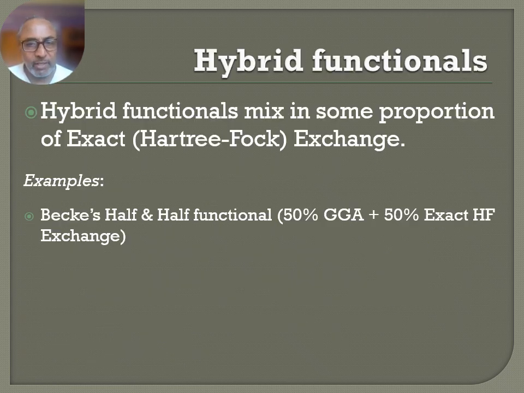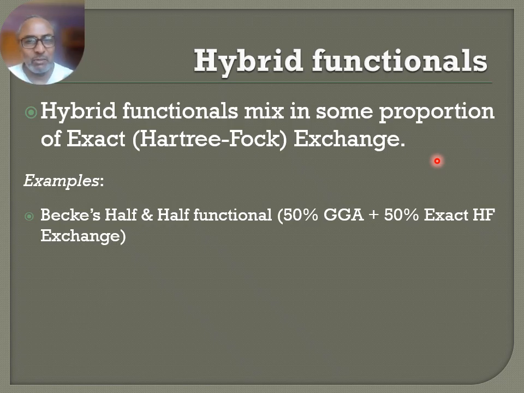Axel Becke's fix for this quandary was to mix in half of the GGA exchange and half of the exact Hartree-Fock exchange. This is an example of what we call hybrid functionals that mix in some proportion of the exact Hartree-Fock exchange.